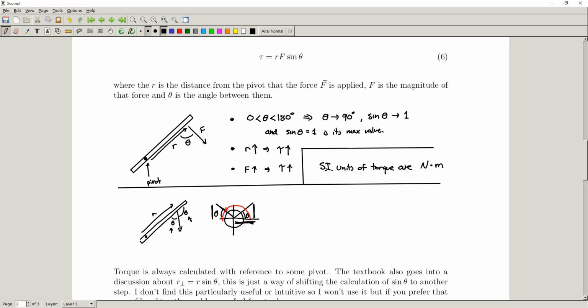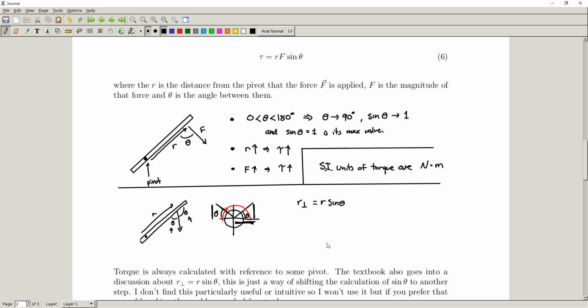Okay. And so the textbook also goes into this discussion somewhat, and I want to flag this discussion a little bit because they talk about this value r perpendicular, right? They set up r perpendicular to be r sine theta, and then they talk about applying a force.